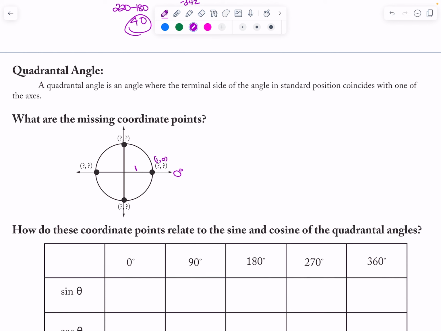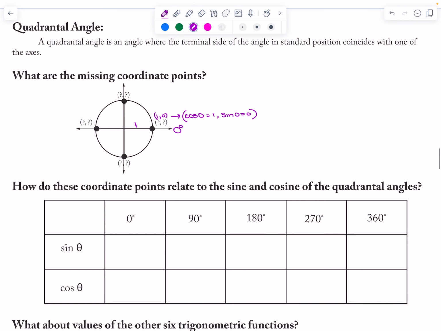That means the cosine of 0 is equal to 1, and the sine of 0 is equal to 0. That's what that coordinate point means. Then I go to 90 degrees, and that is 0, 1. So my cosine of 90 degrees is equal to 0, and my sine of 90 degrees is equal to 1.